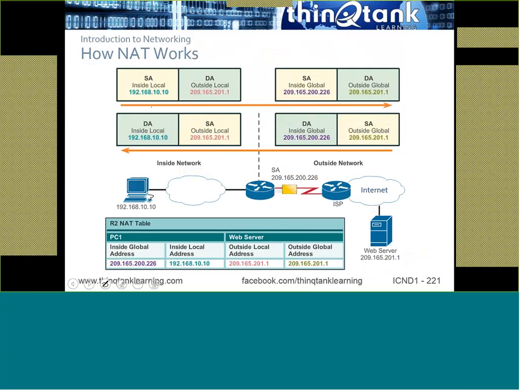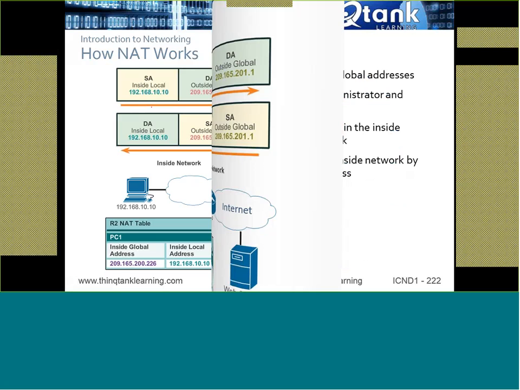If you're going to the thinQtank web server, for example, we're hosted in a data center in Europe, 1&1, and we have a real public IP address on our server. But if you were, say, accessing a web server at this company's location, most likely that web server has a private address. And all they're doing is translating that public IP to that private address. But that private address is never known by you. It's hidden. So for that reason, outside local and outside global almost always look the same.